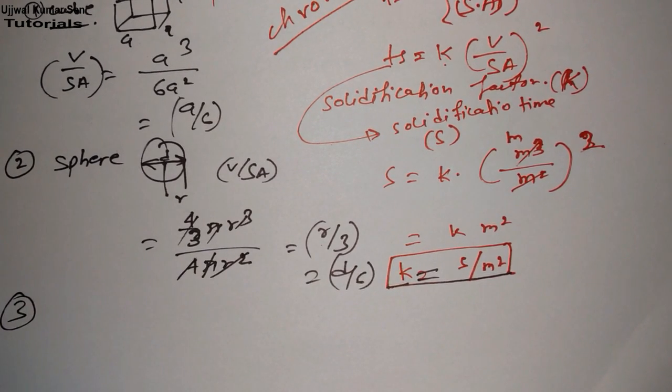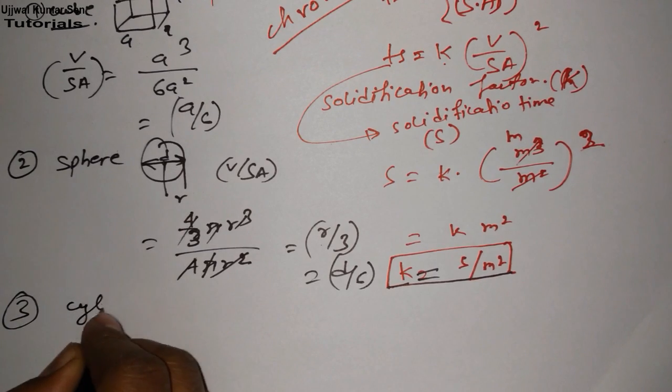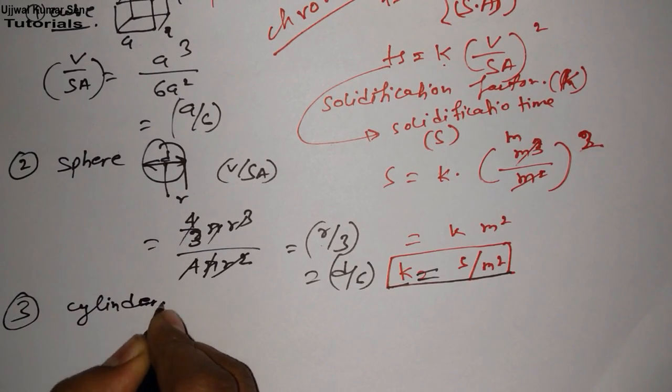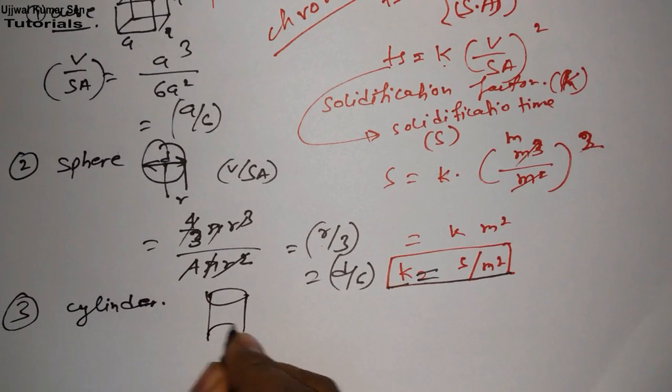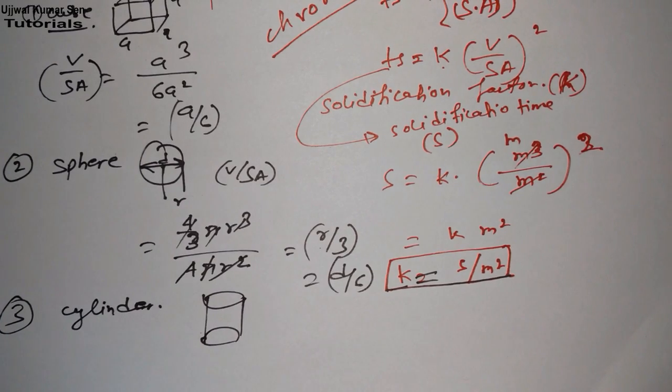I'm just trying to share with you the relation between volume by surface area of different shapes. That's why when you get questions in the examination, it will become quite easier for you to solve the question the right way, and in very less time. That's why I'm doing all this. Now let's go for the cylinder.